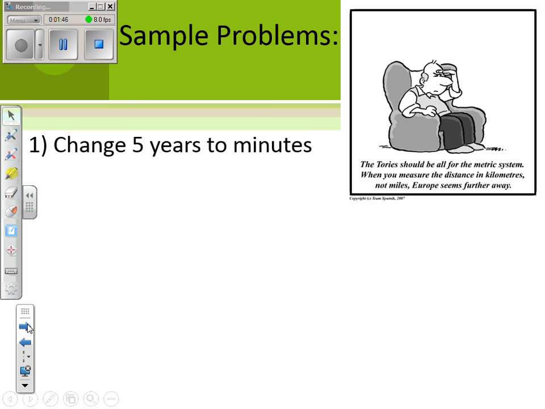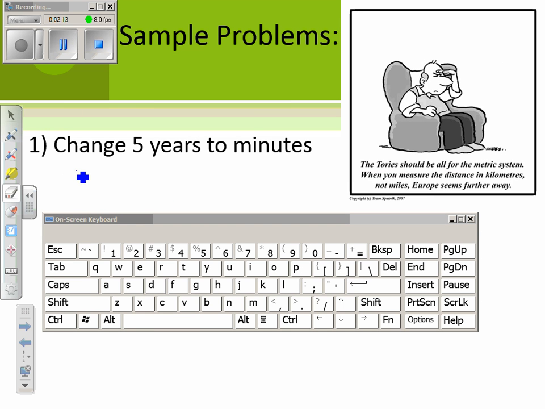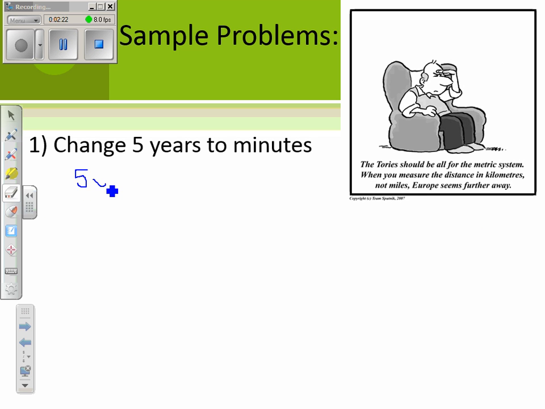Then, let's say that we wanted to change years to minutes. So for every 5 years, I know again that I'm going to do my T-bar, so I'm going to put years on the bottom.